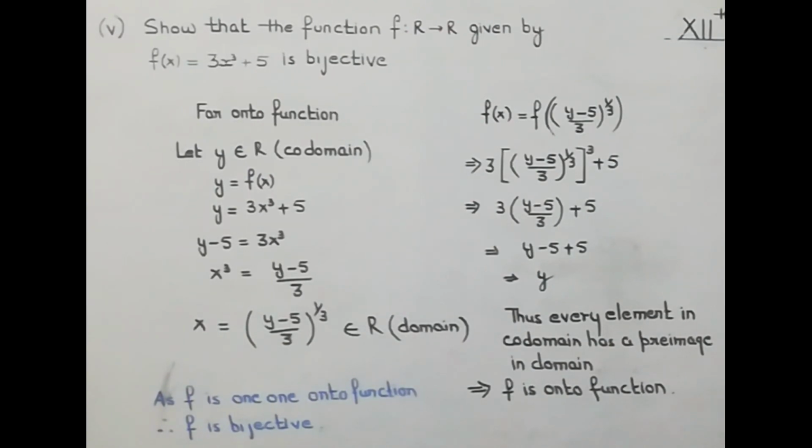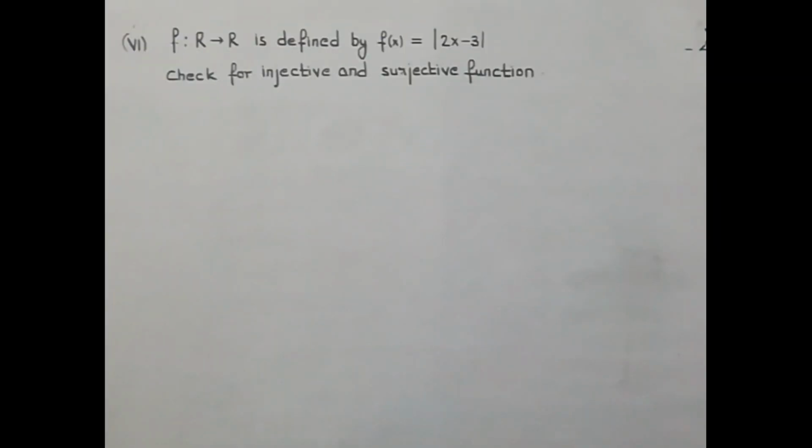Hope this point is clear to you. Whenever you have to show the function to be bijective, you have to show it as 1 1 and onto also.